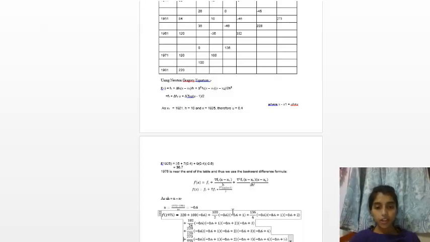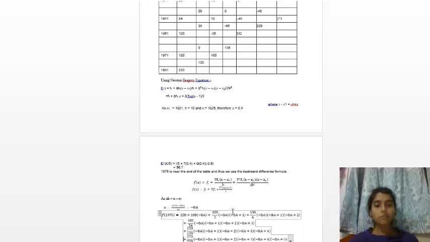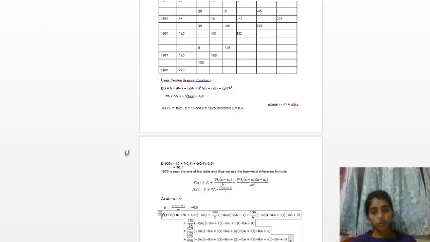That is f of x is equal to f7 plus the backward difference operator, which we call nabla, f7 (x minus x7) upon h plus nabla square f7 (x minus x7)(x minus x6) whole upon 2h square. On calculating this, we get f of x is equal to f7 plus nabla f7 u plus nabla square f7 u (u plus 1) whole divided by 2.